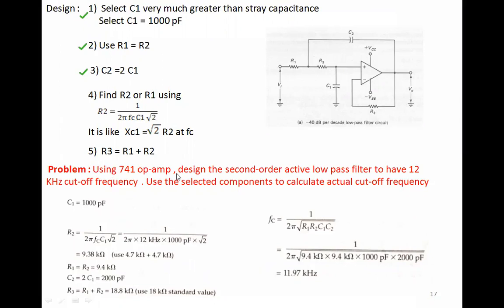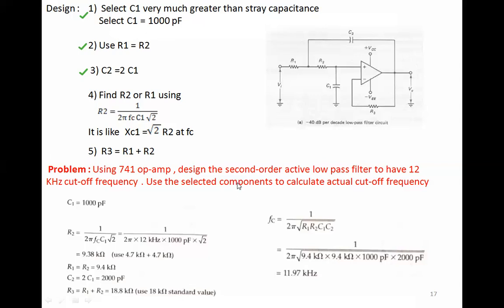Using a 741 op-amp, design the second order low pass filter to have 12 kilohertz as FC, and use the selected components to calculate the actual cutoff frequency. So they're telling us to recalculate the cutoff frequency using the selected components.